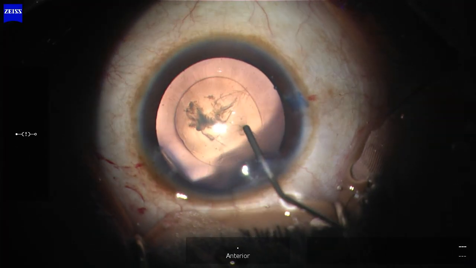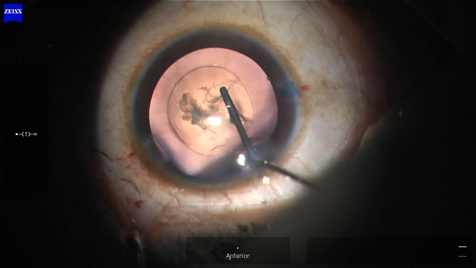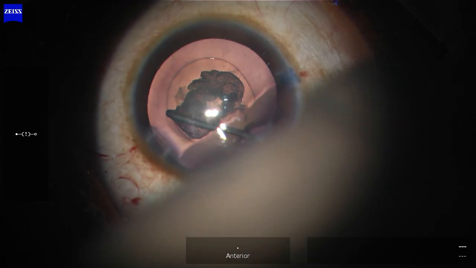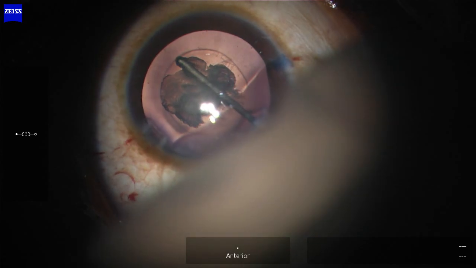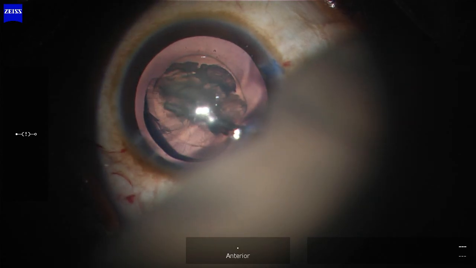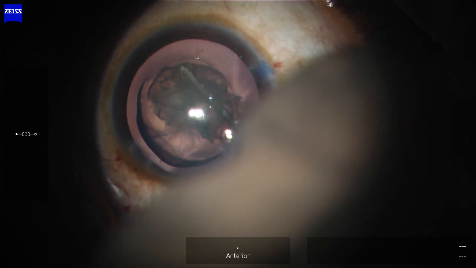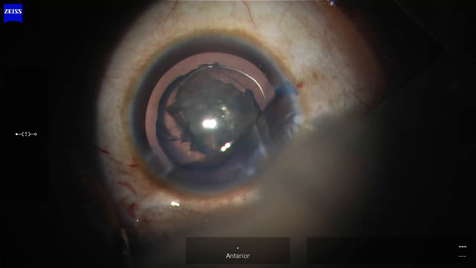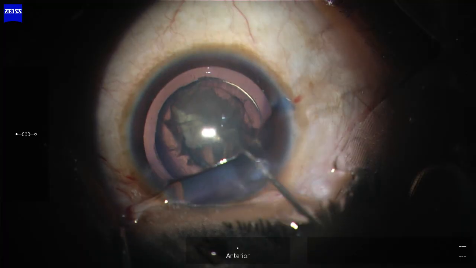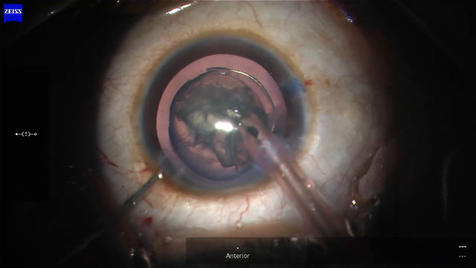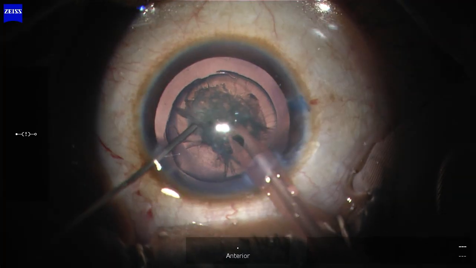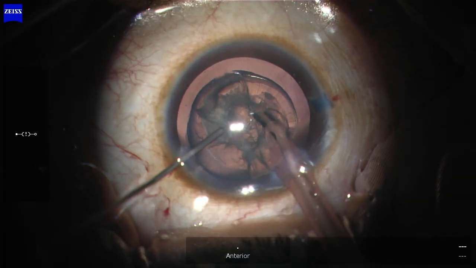A careful hydrodelineation was carried out with absolutely no hydrodissection. The phaco parameters were kept low during phacoemulsification to prevent shallowing of the anterior chamber.